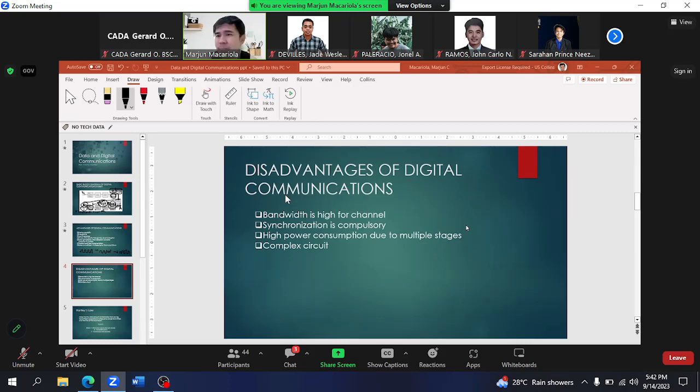So kapag complicated yung circuit, complex circuit, dahil maraming stages, for example, kung nakita nyo, naging output niya digital to analog, analog to digital, digital to analog, then analog to digital. Okay? So that is an example of a complex circuit.